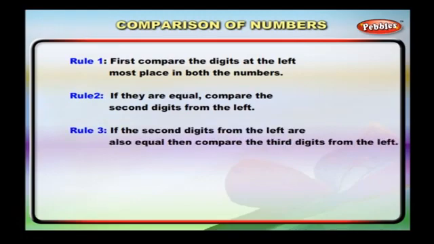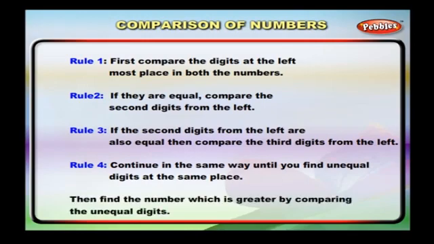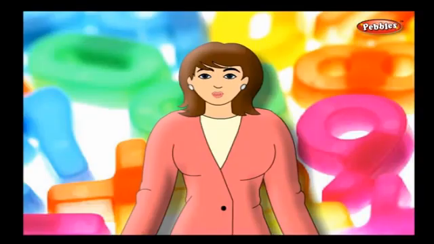If the second digits from the left are also equal, then compare the third digits from the left. Rule 4. Continue in the same way until you find unequal digits at the same place. Then, find the number which is greater by comparing the unequal digits.